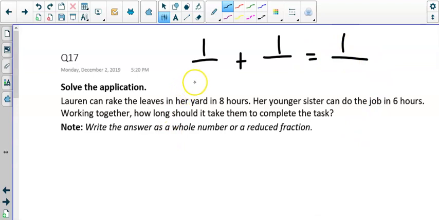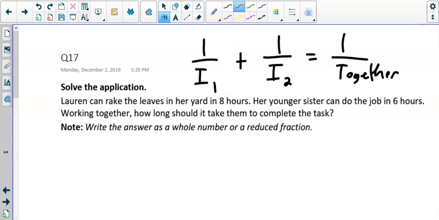This is what one item does, another item, and this is if they work together. They all look like this, because you're talking about two people doing two separate jobs, and in the end they want to know what happens if we work together.